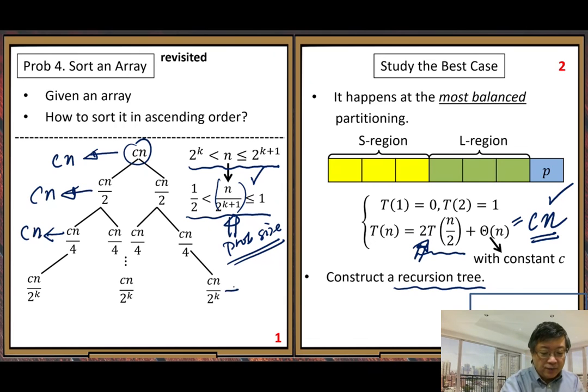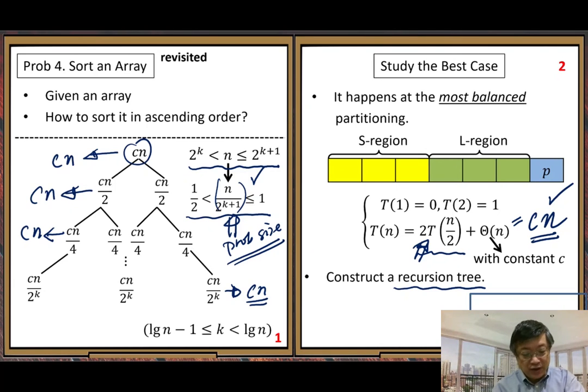So for all levels, if we accumulate all the non-recursion terms, we get the same number cn. Next, how many levels do we have in this recursion tree? It is very close to k, probably k plus 1.